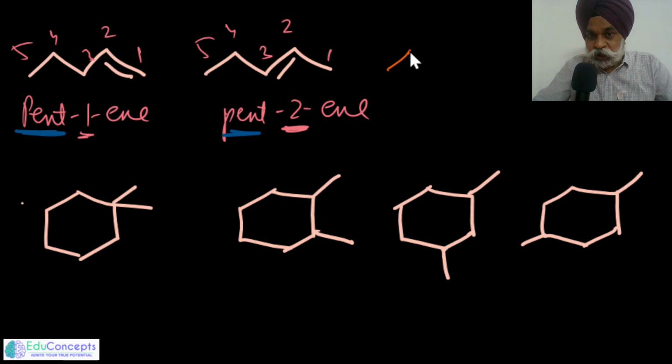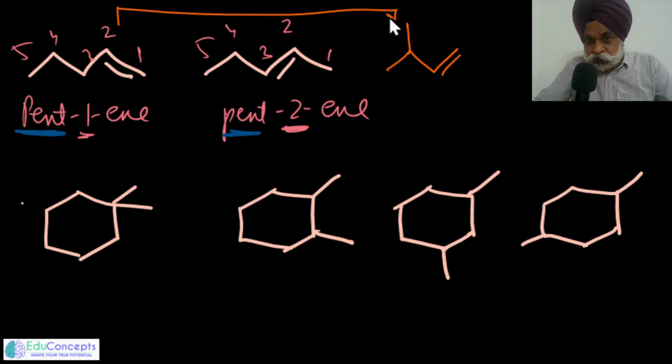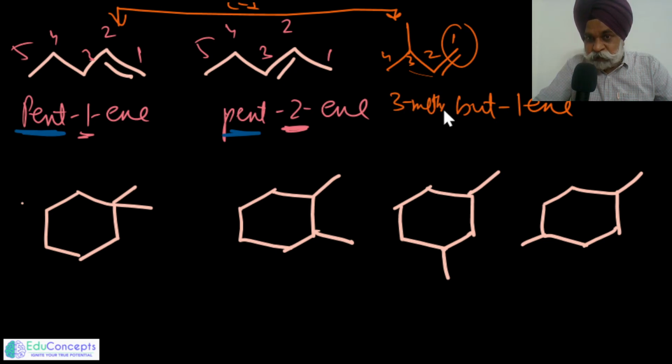Now if I do it like this, these two would be said to be chain isomers. Why? Because the position of the double bond is still 1, but the length of the longest carbon chain has become but-1-ene. So it is 3-methylbut-1-ene, which can be said to be the chain isomer of pent-1-ene.